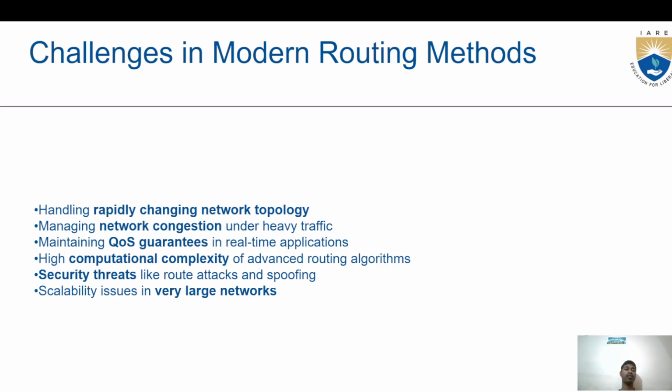This is one of the challenges that we face in modern routing methods. Not only that, to provide internet to every person on the ground, a lot of cables need to be put under the water, and the cables should never be harmed by the creatures in the water. This is the second challenge that we face.